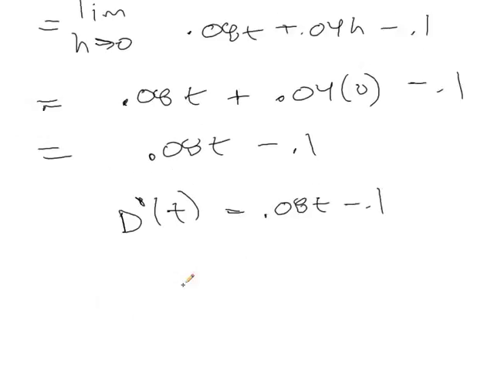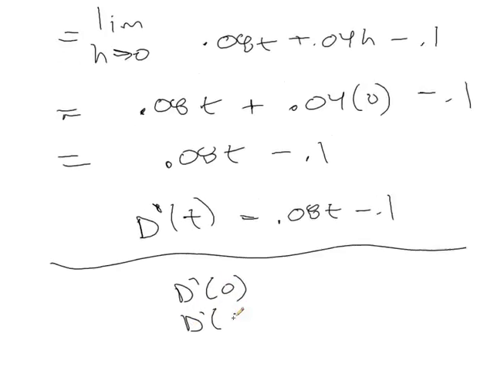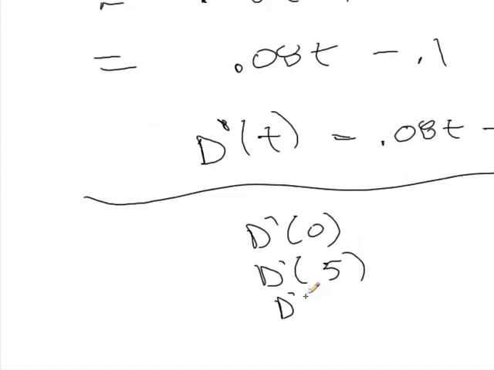Now what I want to find is d prime of 0, d prime of 5, and d prime of 8. So not only do I know already the number of alcohol-related deaths in 1999, 2004, and 2007, but now I'll also know how quickly the number of deaths was growing each year.